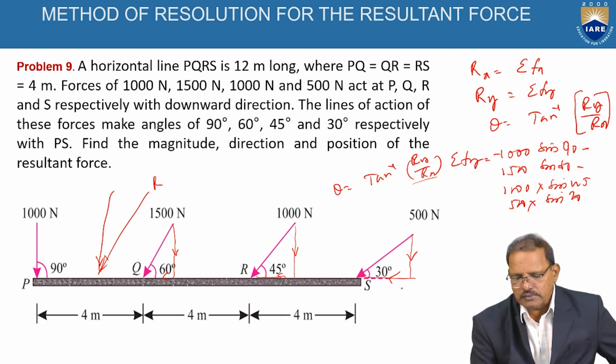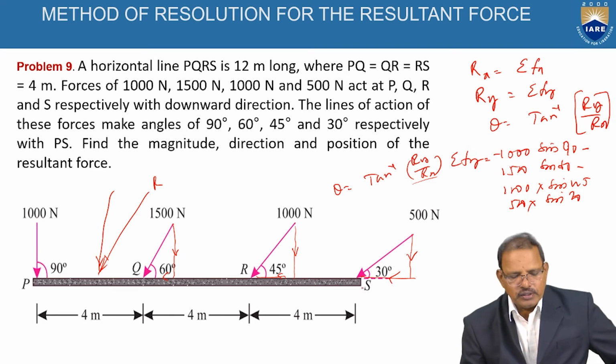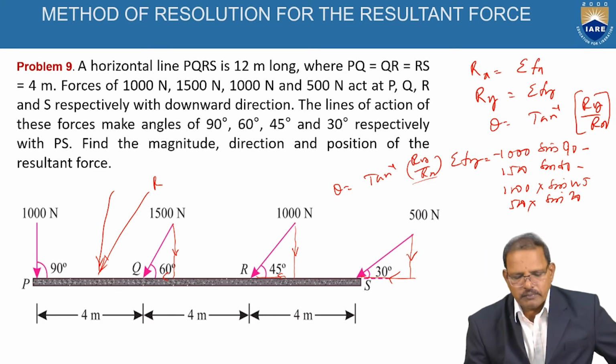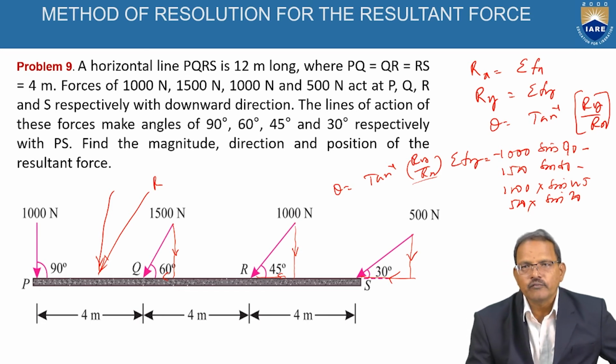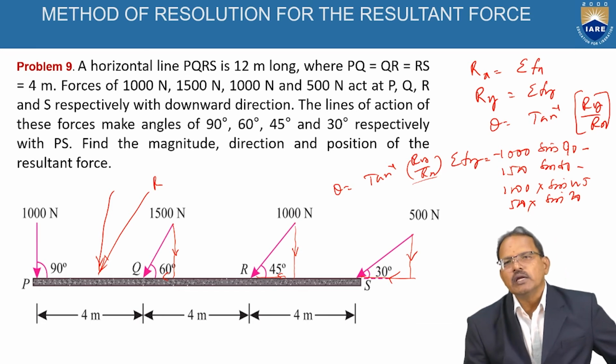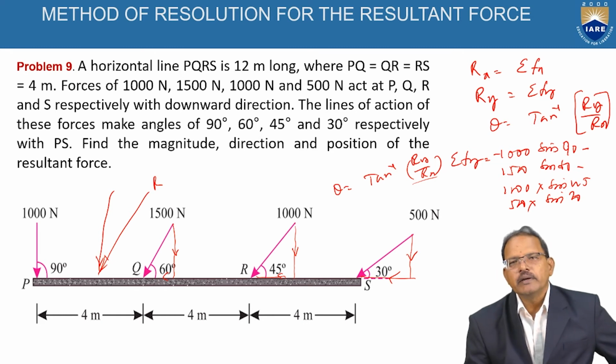At S point, the vertical component is equal to 500 into sine 30, the distance is 12. That is, the moment created by the four forces of 1000, 1500, 1000 and 500 at P should be equal to the moment created by their resultant force at P.